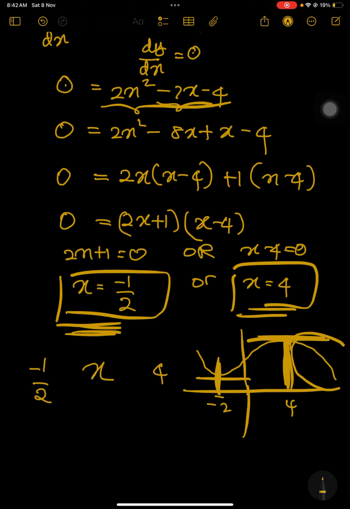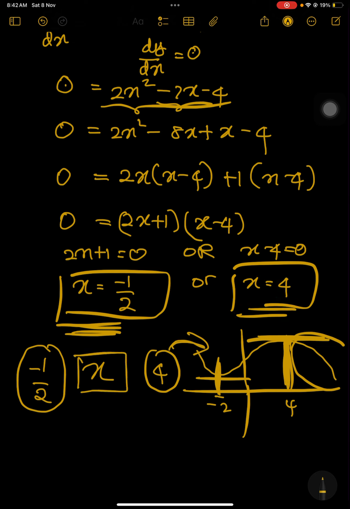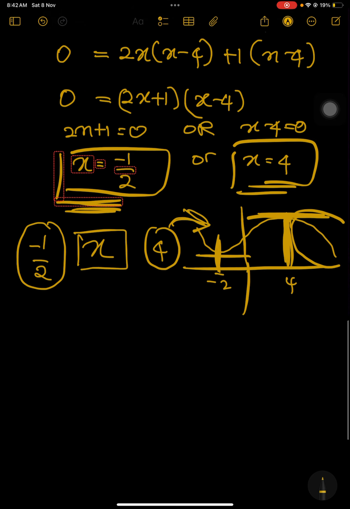We don't know whether it is less than minus half, or greater than 4, when x increases more than 4, the y decreasing, or we don't know. Let's put a random value and find out.